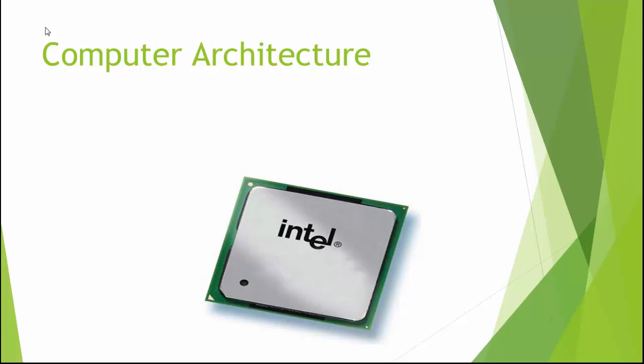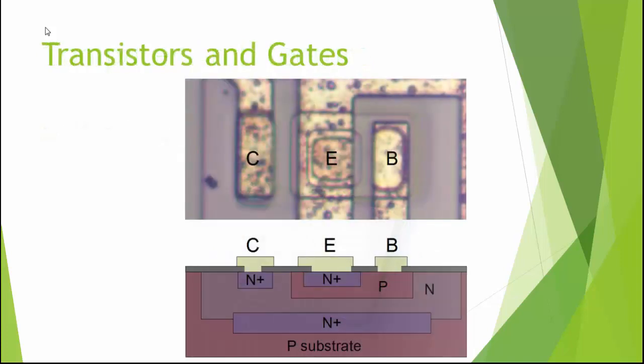Now, if we want to talk about how we use that power, we can dig deeper into this idea of transistors and gates. On the top of this slide, we have a microscope picture of a gate on a 555 timer.